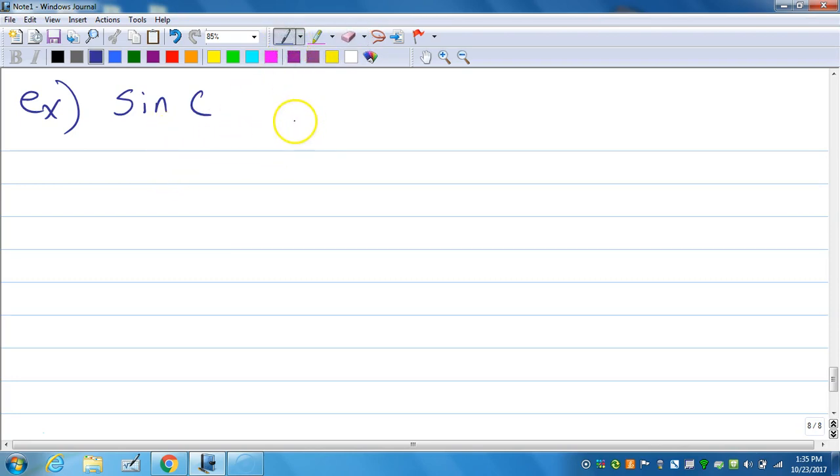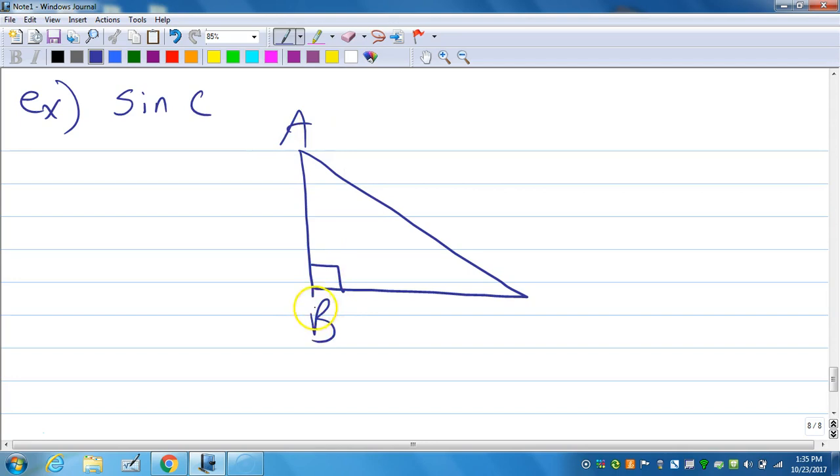So let's draw a triangle. A, B, C. We'll say this is 32, this is 24, that's a length, and this is 40.